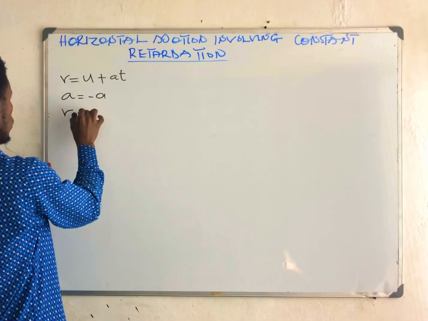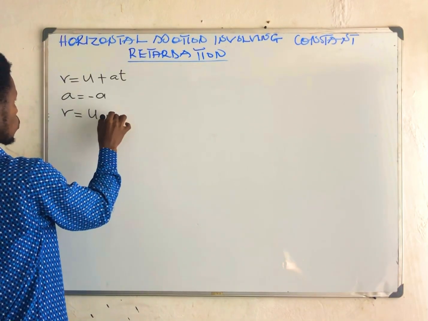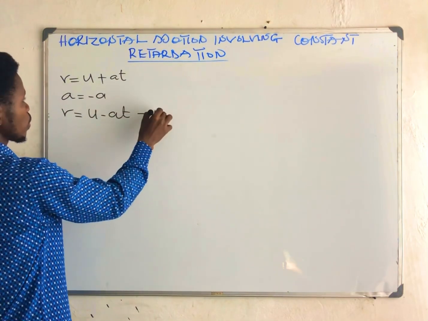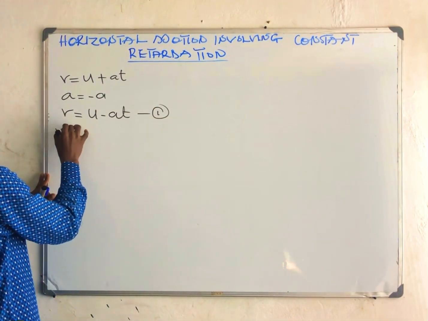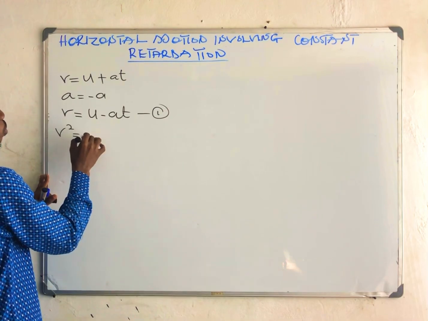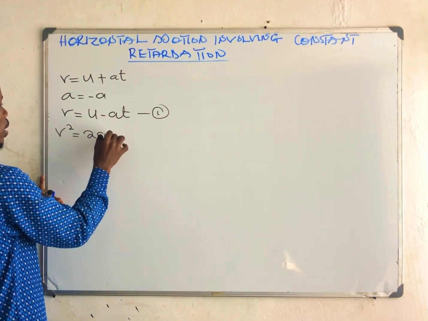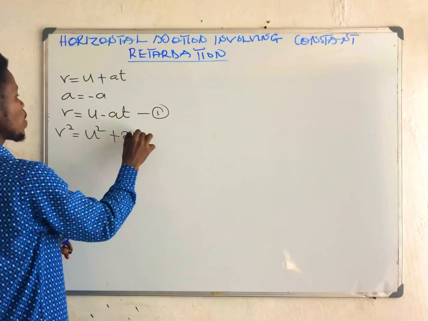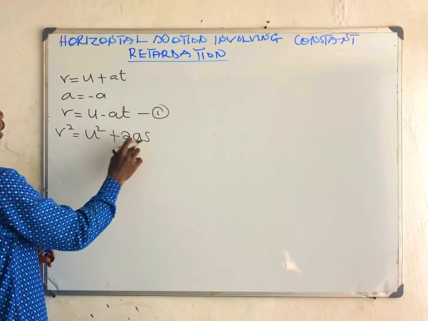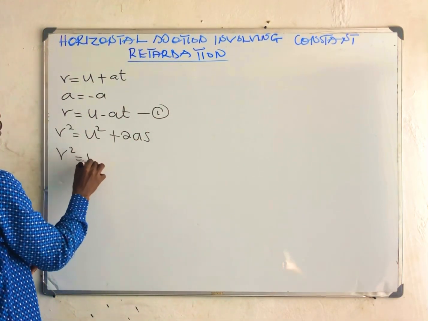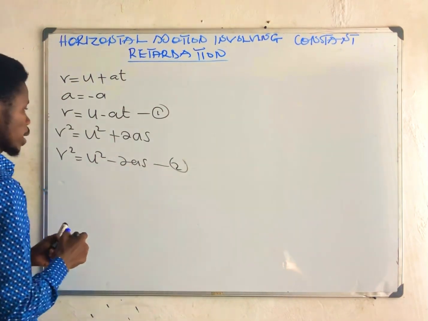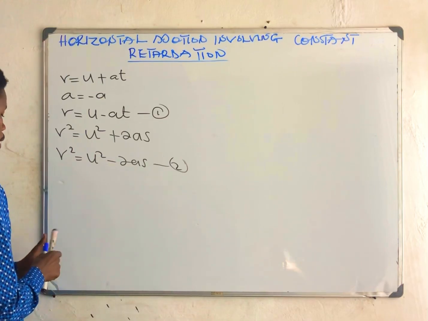So it means that my V is going to be U minus at, if I replace this a by this. Then you also have V squared equals U squared plus 2as. If the acceleration is negative, I have V squared equals U squared minus 2as, equation 2. You see that they are the same. It's only the signs that are changing.